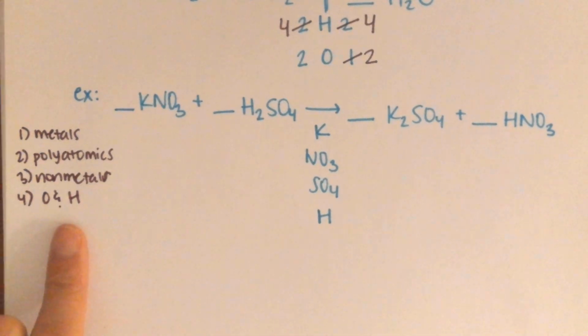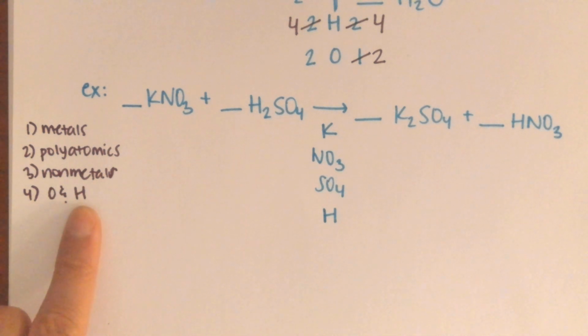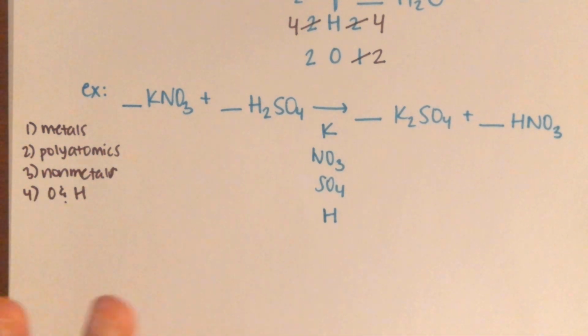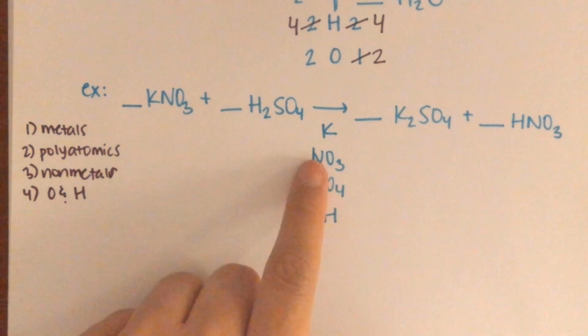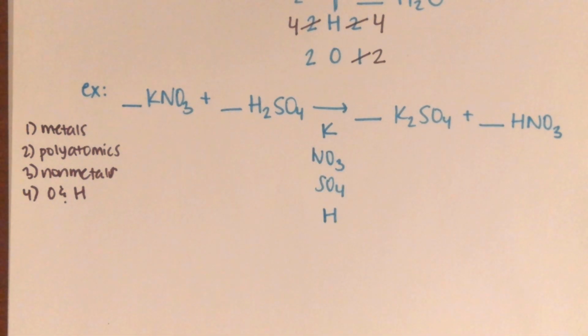The reason why I like to keep oxygen and hydrogen last is because eventually it'll balance itself out once you balance the rest before it. However, sometimes you do need to balance them at the end, but it's really simple.